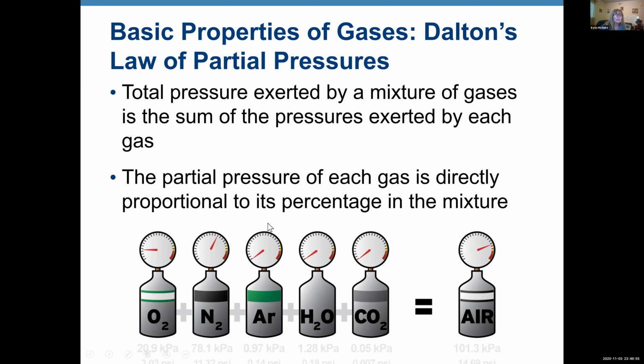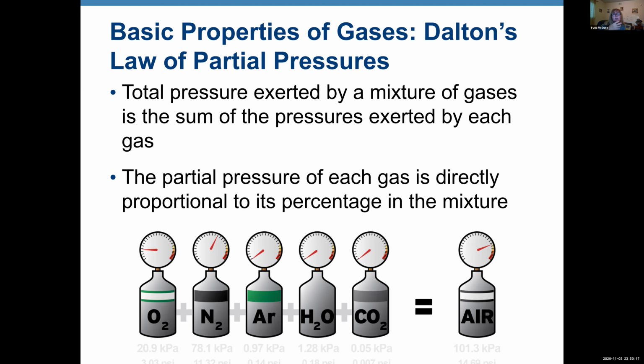That makes sense? And partial pressure is directly proportional to the percentage of this gas in the mixture. So the more oxygen we have, the higher the partial pressure of oxygen. So it's not the same, but we can kind of associate partial pressure with concentration, right?